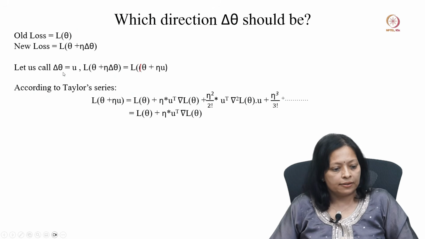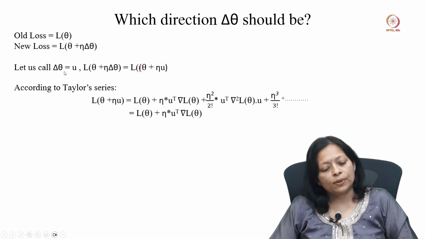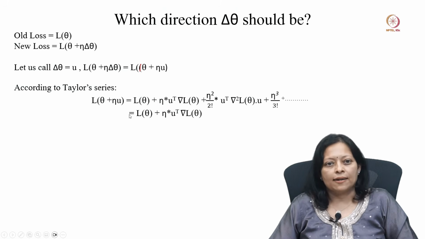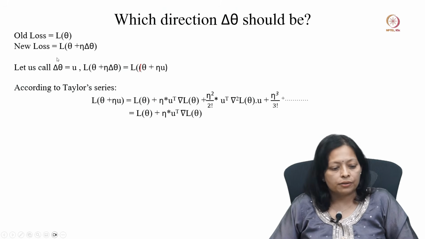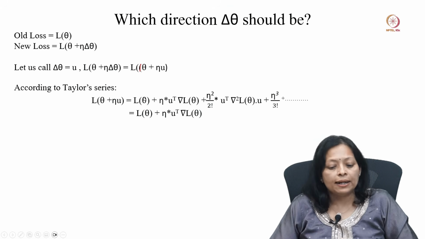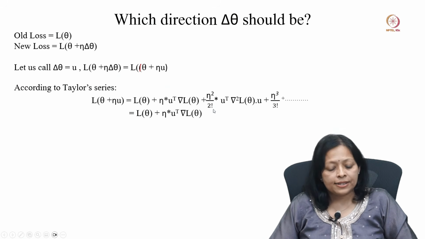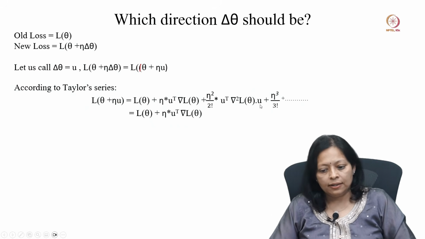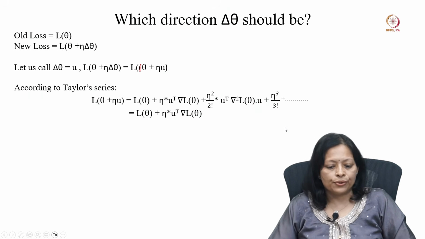U is a vector, which is nothing but your delta theta, and delta theta was having the terms delta w and delta b. Okay. So, u transpose then the gradient of L, plus eta square by 2 factorial into u transpose gradient of L, and so on, the series goes on.